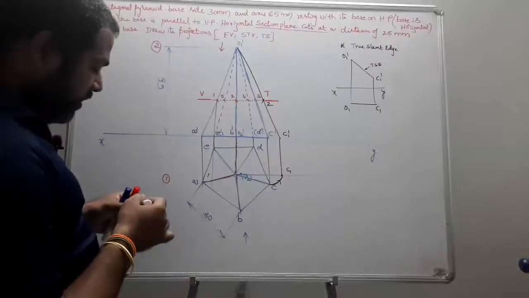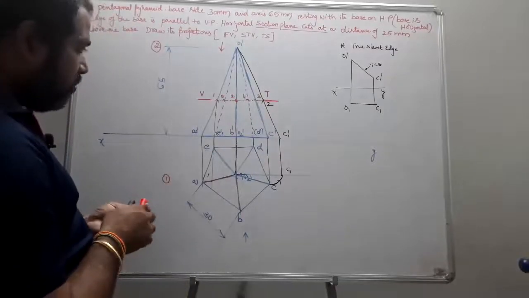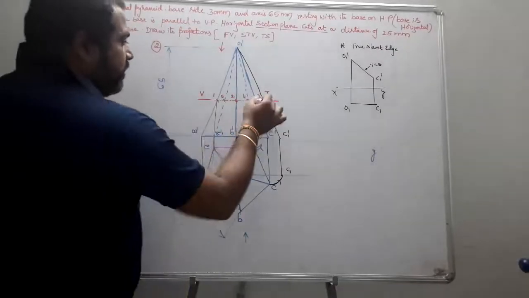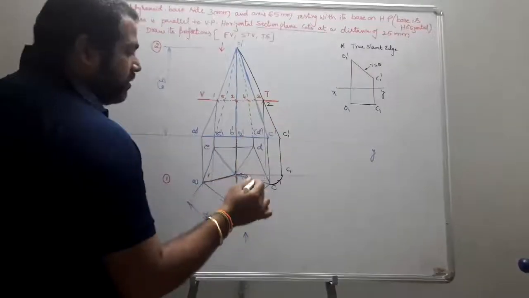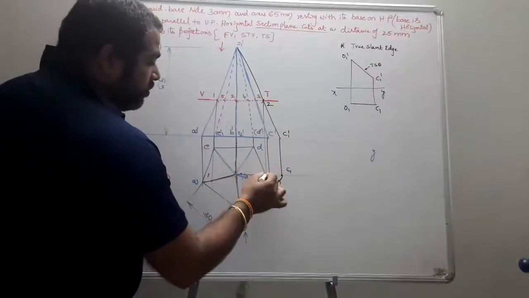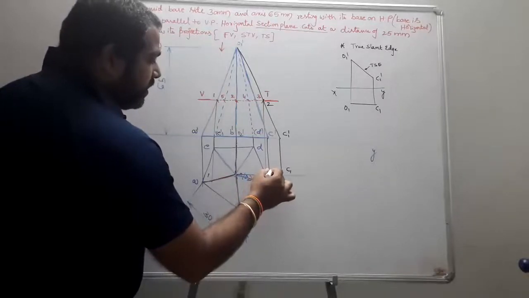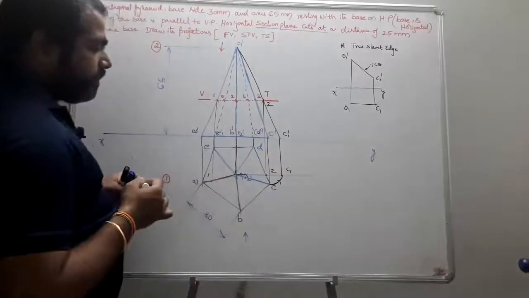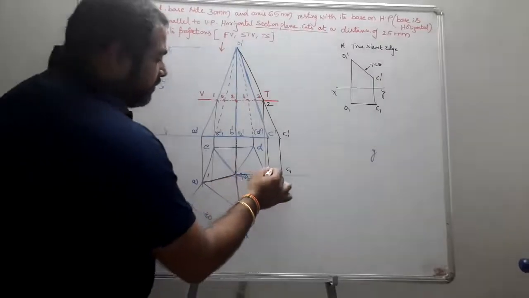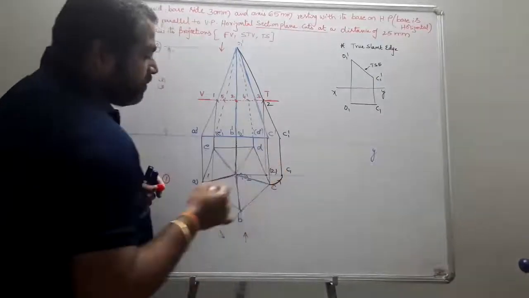Now from here, I draw the vertical projector. This meets OC1 at a particular point. This becomes my point 2, okay, so this was the referral point 2.